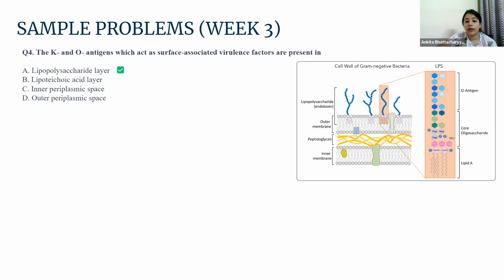So when we talk about surface antigens, very obviously, when we say antigen, it is majorly a protein, and antigens are usually entities or structures which are recognized by antibodies. That is actually the reason why antigens are named so.